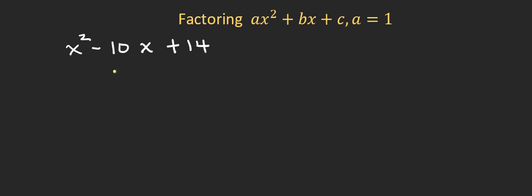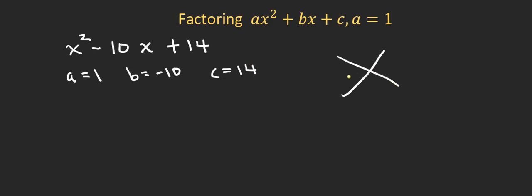What about x squared minus 10x plus 14? Well, you might want to pause the video and try it on your own and see what you get. A is 1, b is negative 10, and c is 14. So a times c is 14, and b is negative 10.